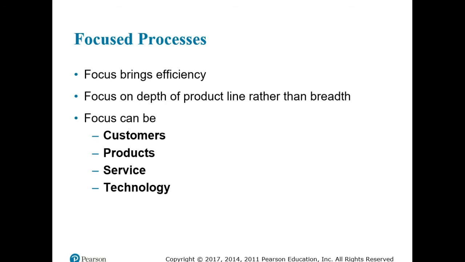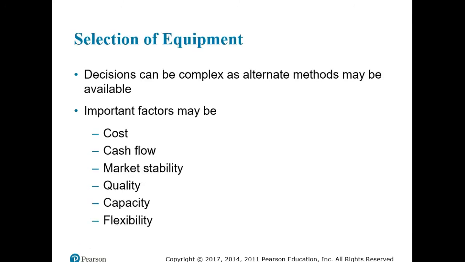In fact, it makes you think, which is better to strive for? Is it possible to have focused mass customization? Is it possible to have both? Just remember, focus brings efficiency, focus on depth of product line rather than breadth, and focus can be about the customers, the products, the service, and the technology.